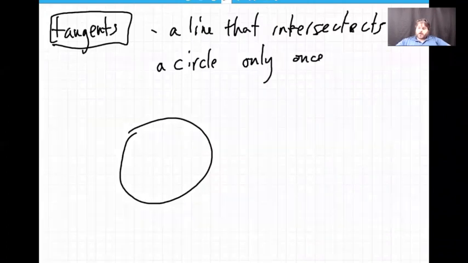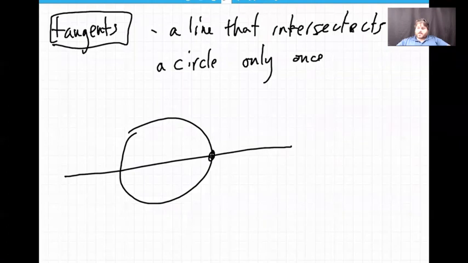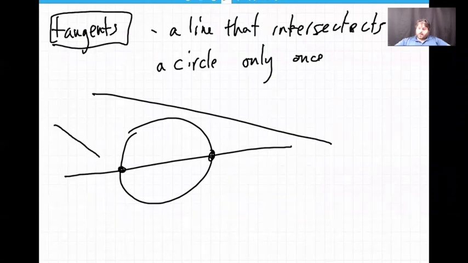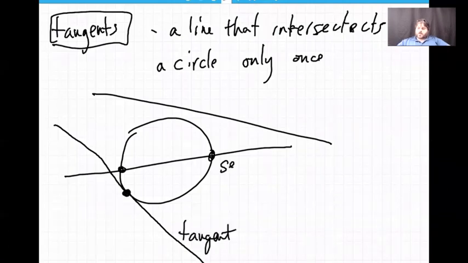So if I've got a circle here, this is not a tangent line because it intersects it twice. This is not a tangent line, it doesn't even touch it. But this line right here just barely touches it for a half second. This is a tangent line. The one that hits twice is called a secant line.